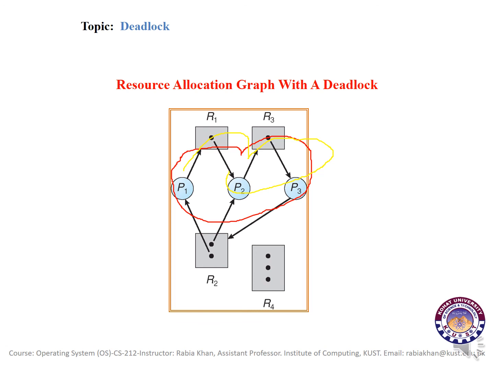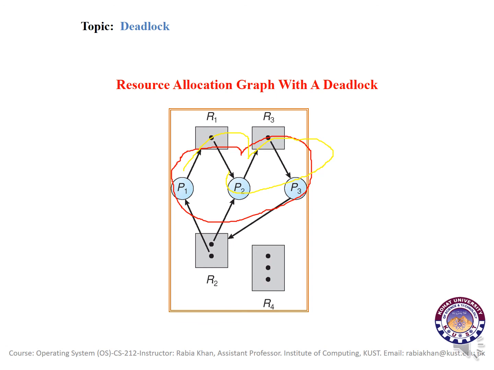All of the three processes are in deadlock, as all of them are holding some resources and waiting in circle for another resource held by other processes. Mutual exclusion is also applied, as one resource can be assigned to a single process at a time, and no resource can be forcefully removed from a process.